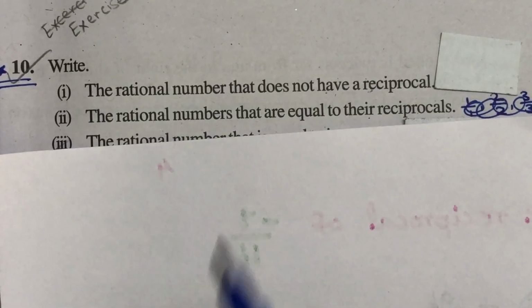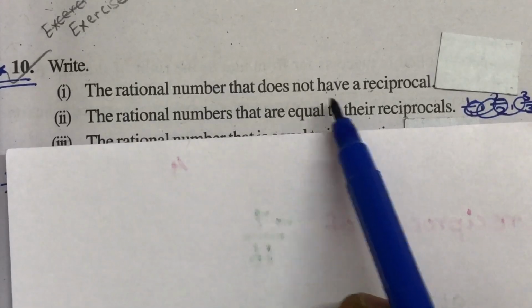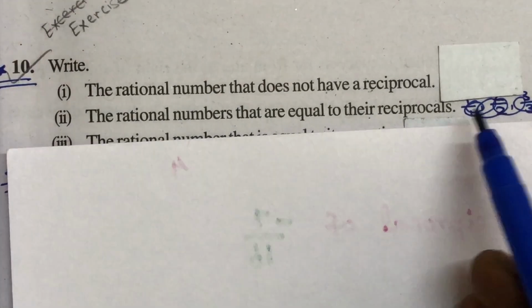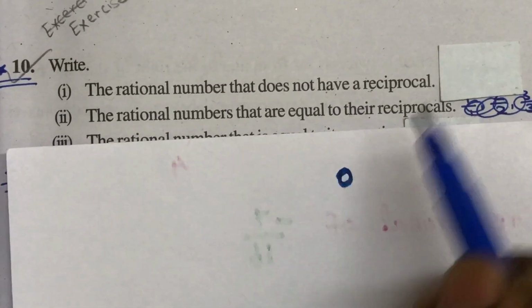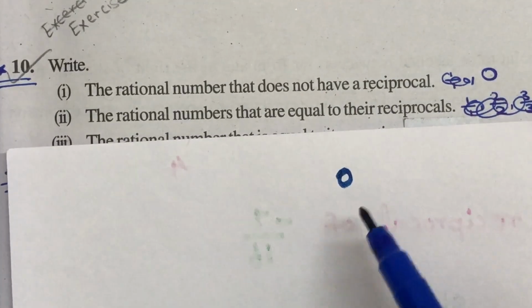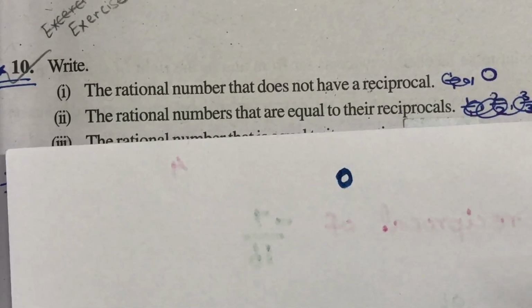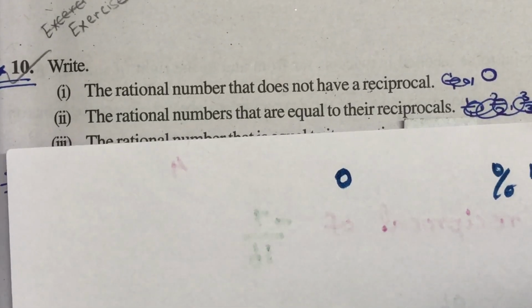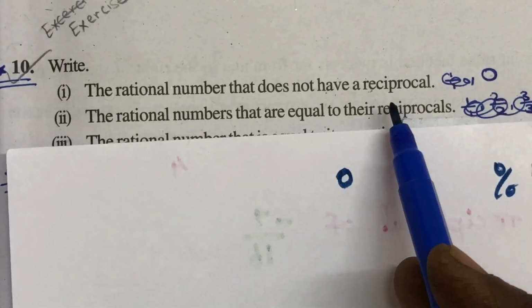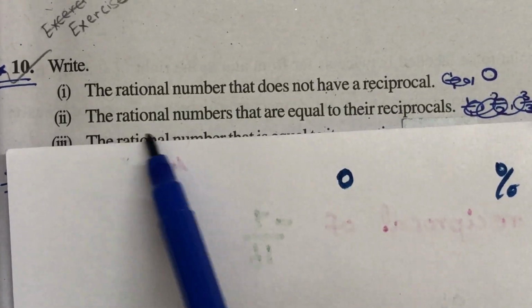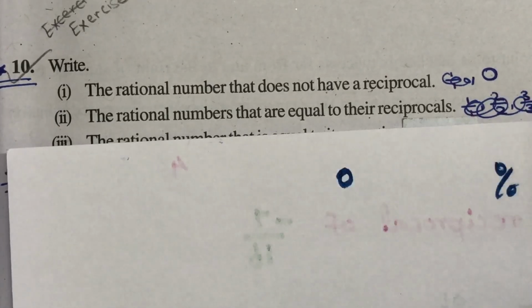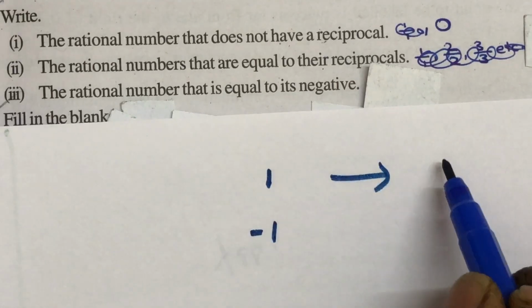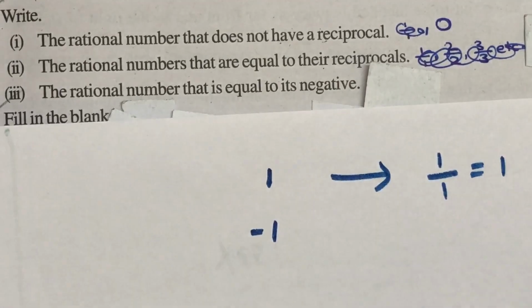10th question. Write the rational number that does not have a reciprocal. What is the answer? 0. 0 is the number that does not have a reciprocal, because 1 by 0 is not defined, right? That's why it does not have a reciprocal. The rational numbers that are equal to their reciprocals are 1 and minus 1 alone, because the reciprocal of 1 is 1 by 1, which is equal to 1 alone.